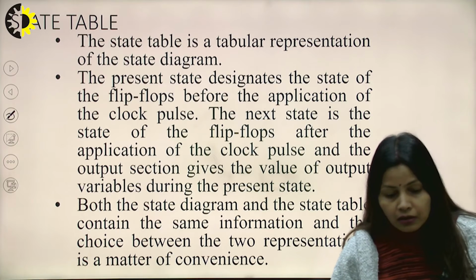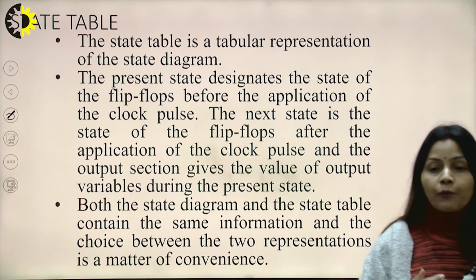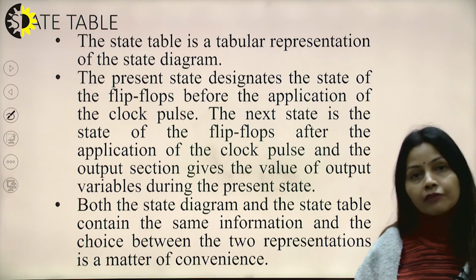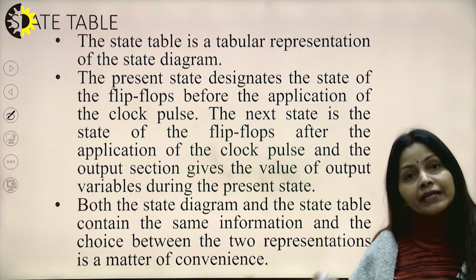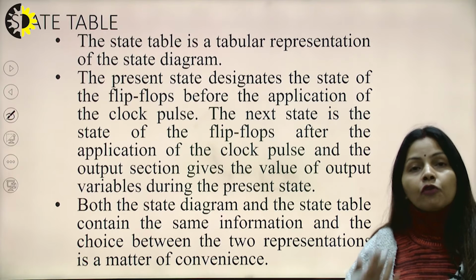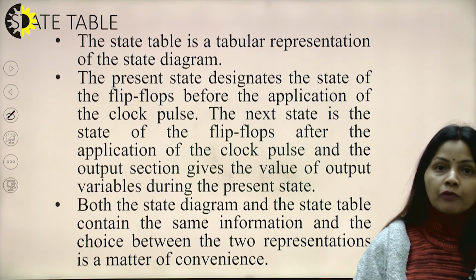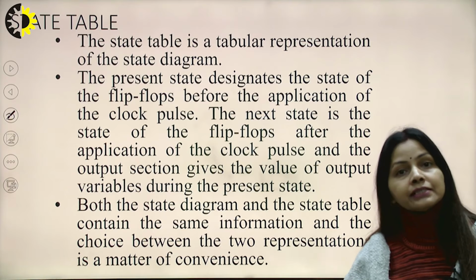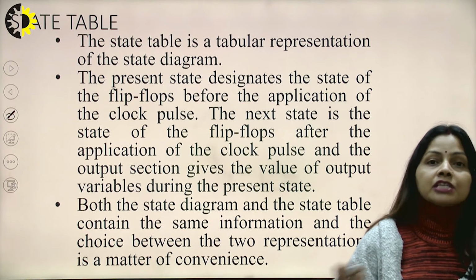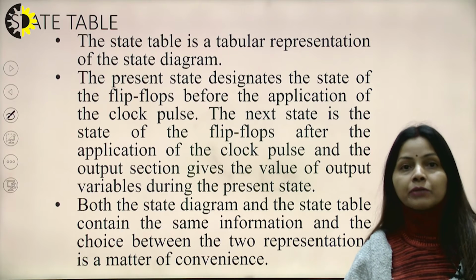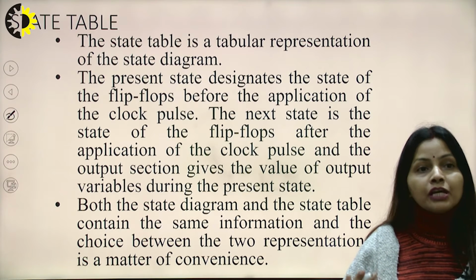So what we use in this sequential circuit is flip-flops. Whenever the clock pulses are applied, what would be the next state of the flip-flop? What was the previous state of the flip-flop, that is Qn, and the next state, that is Qn plus 1. So in the case of a sequential circuit, the state diagram and the state table are very important.